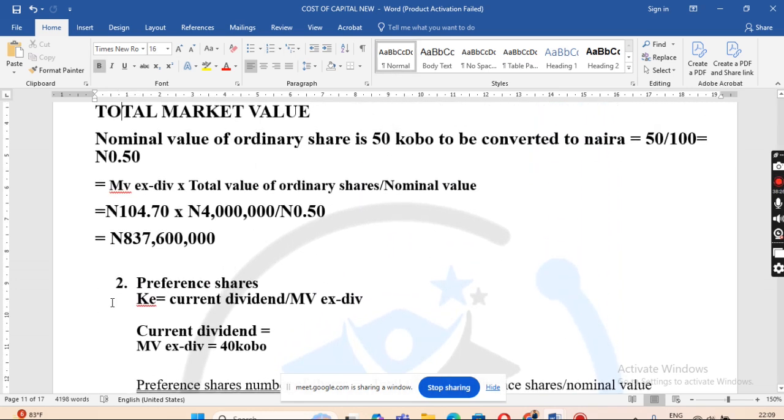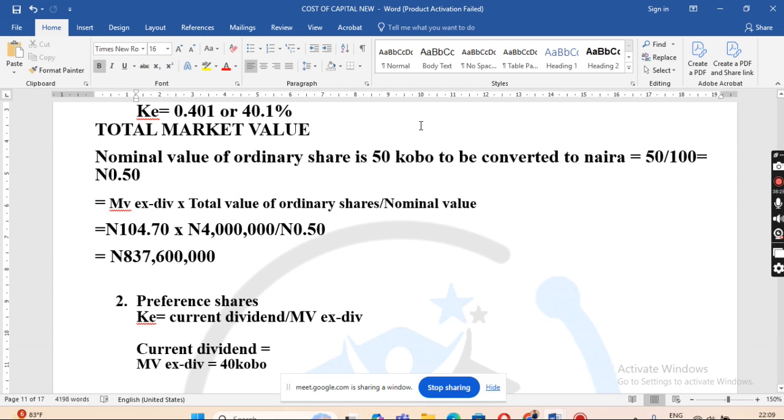You can see what we did here, class. 50 kobo, you can say 50 divided by 100. You have 0 naira 50 kobo per share. When you divide this, you can now get the number of shares.